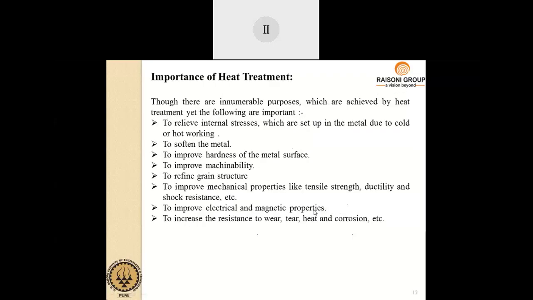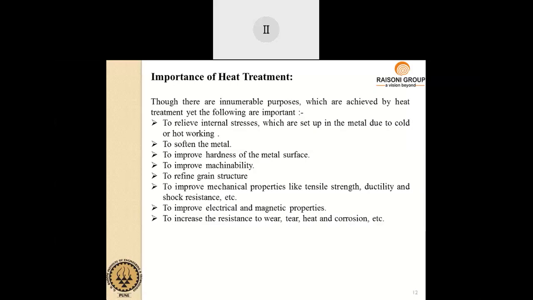These are some importance of heat treatment, listed here.